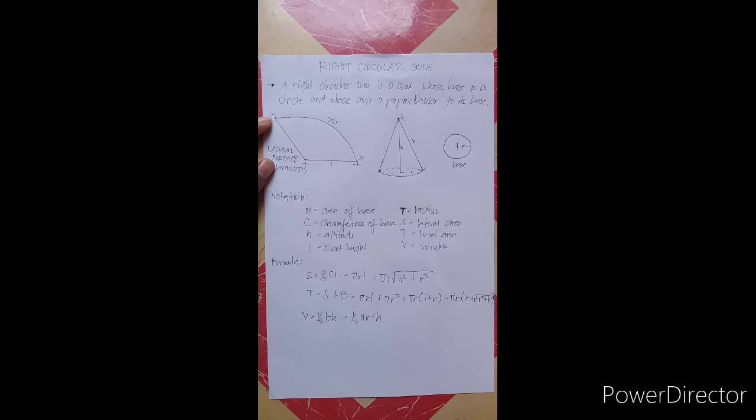This is the total area of the right circular cone, equal to the sum of the lateral area and the area of the base. The volume of a right circular cone is equal to 1/3 the product of the base and the altitude, so 1/3 times base times height, or 1/3 pi r squared times height.